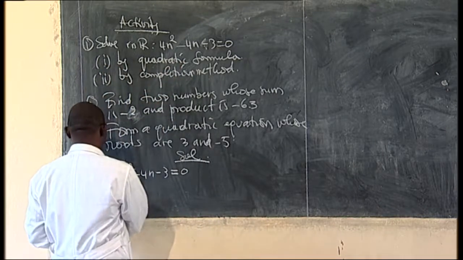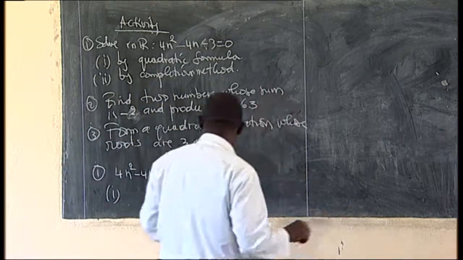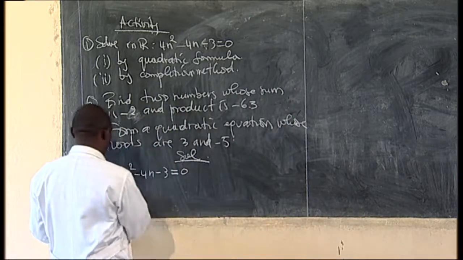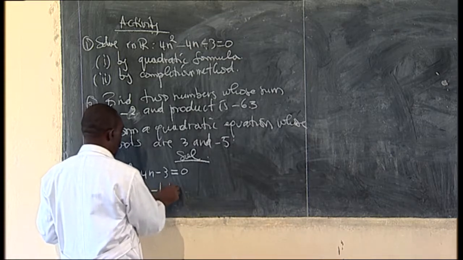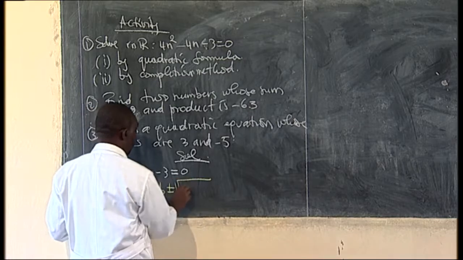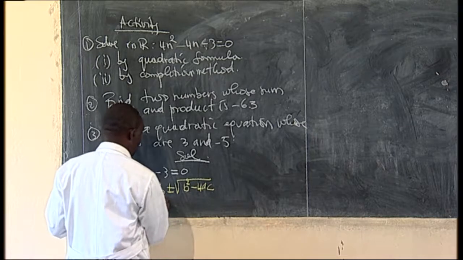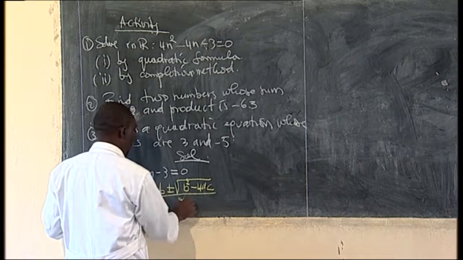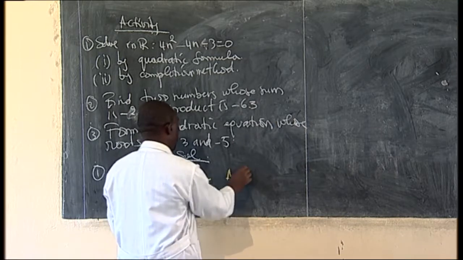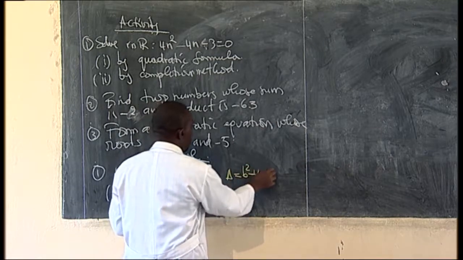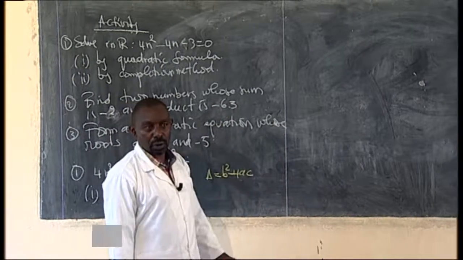You know that the quadratic formula is like this: x equals minus b plus or minus the square root of b squared minus 4ac, divided by 2a. And this value b squared minus 4ac is what you call the discriminant of the quadratic equation.